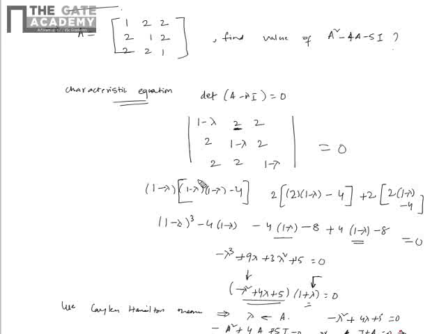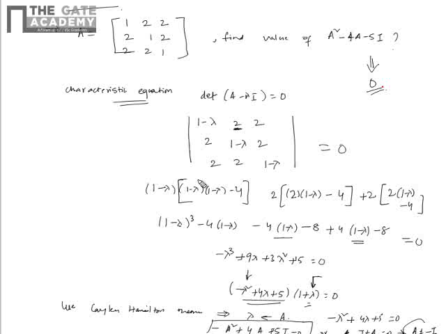So this a can't be minus i. So we are left only with this, and that is what is asked, a square minus 4a minus 5 is equal to 0. So the answer for this is 0.